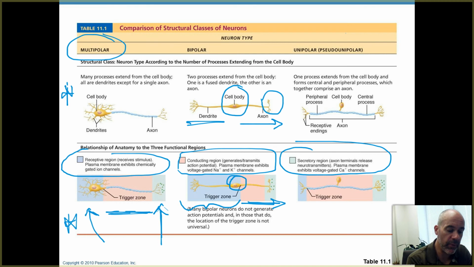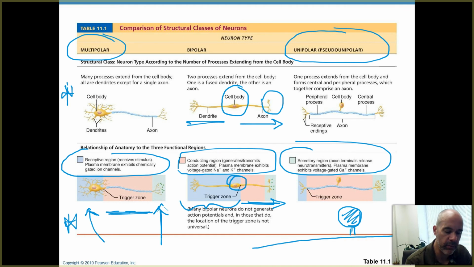Then finally, the unipolar neurons. The cell body might be kind of hard to see on this diagram, but we'll see some other pictures shortly. The cell body tends to be off to the side, and then there's a little short branch, and then there's one extension or process. Over here you've got some branches. These are what you typically see with neurons that are involved in many of your senses.